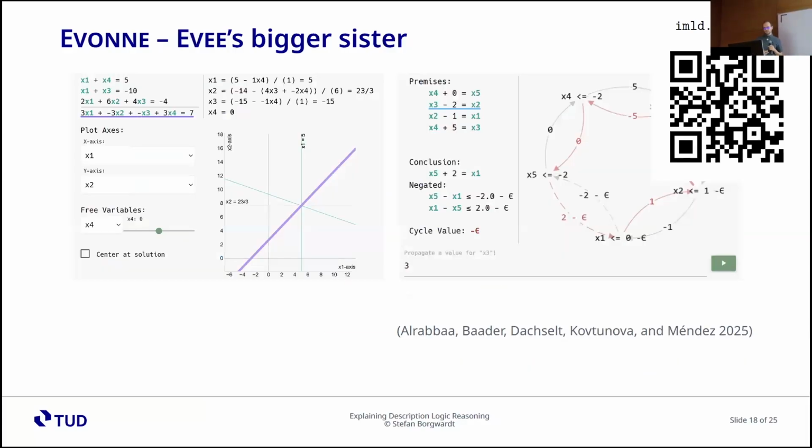And it even supports these concrete domain things that I showed you earlier. So with linear equations, you can have nice visualizations there, trying to explain why some equations don't have a solution or why some equations follow from another one.